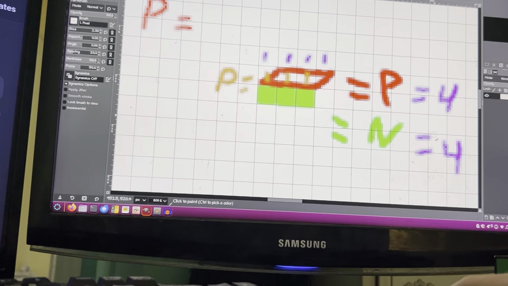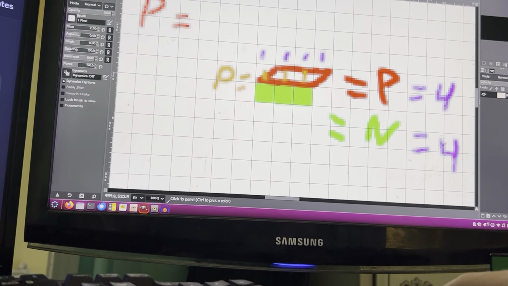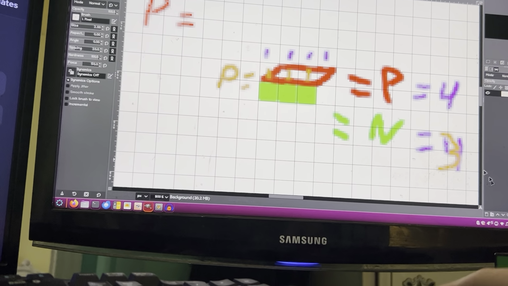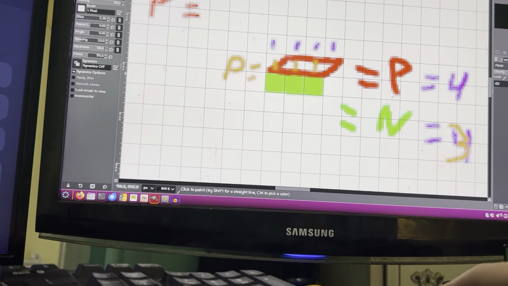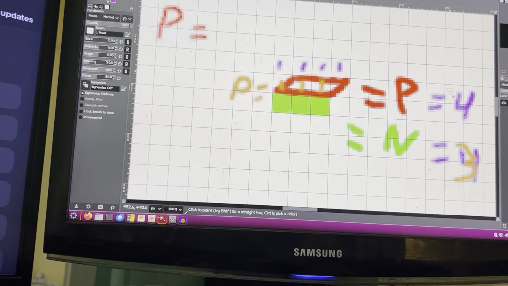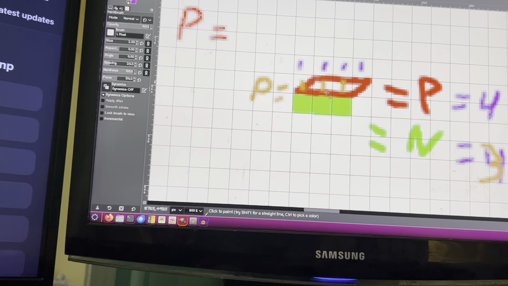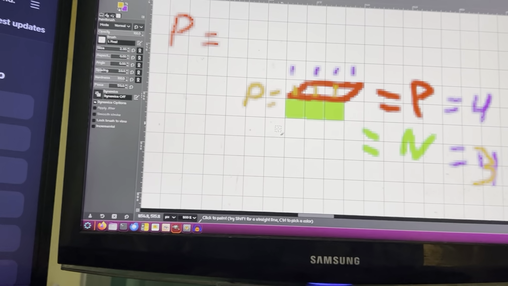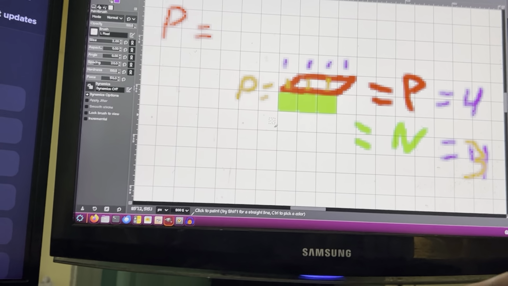So when we have N, I wrote 4, this should say 3. When we have N, which equals 3, red P, which equals 4, and gold P, which equals 3, right?